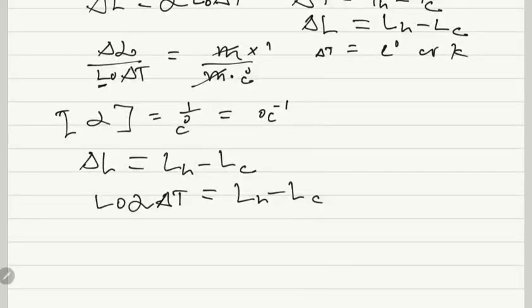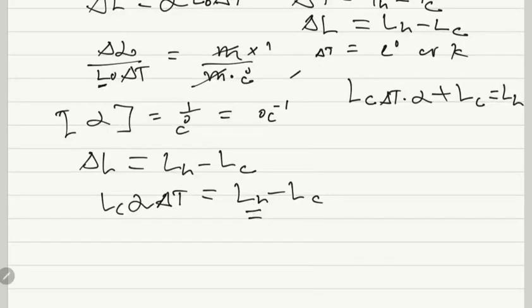So when you write the expression for the length at the hotter, you get the length at the colder times change in temperature times temperature coefficient plus the length at the colder again, which gives you the length at the hotter.